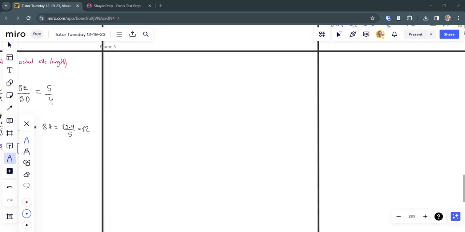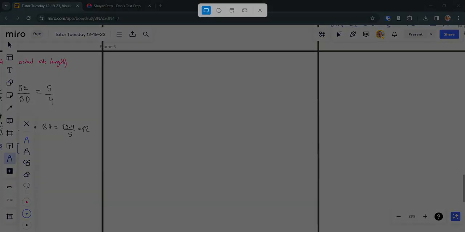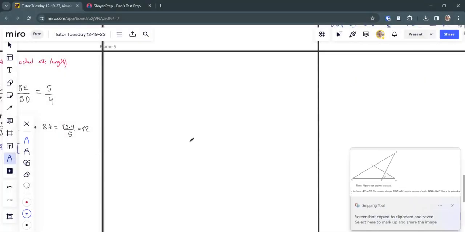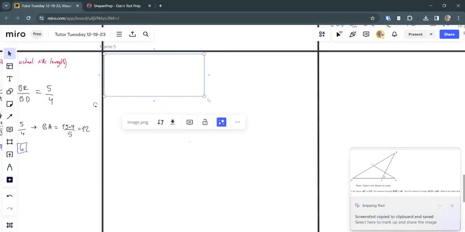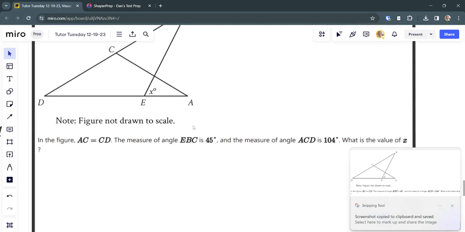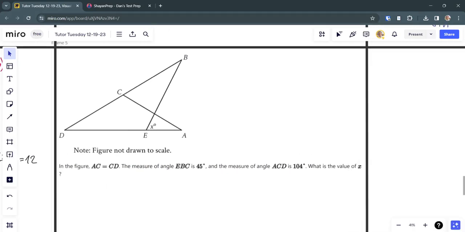I have some problems on lines, angles, and triangles. Definitely, this one is a fun one. This one is a really fun one. Let you guys take a look at it for a second.